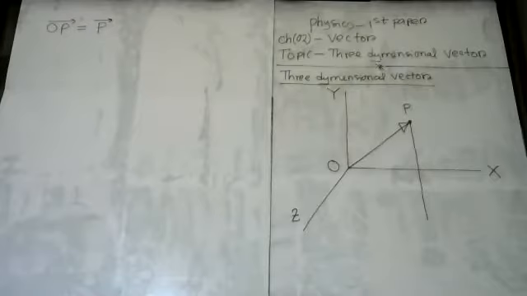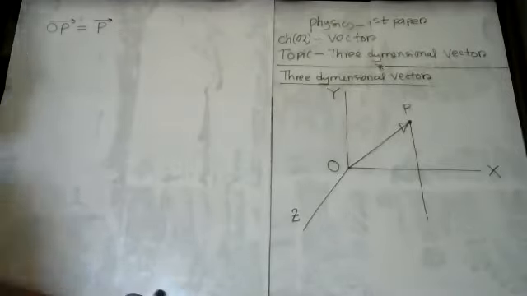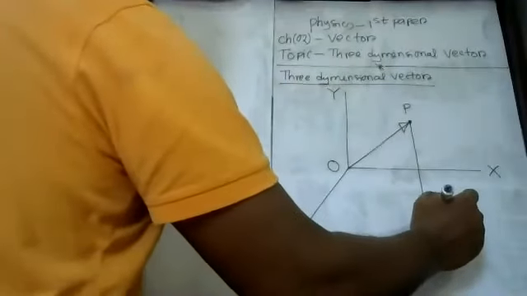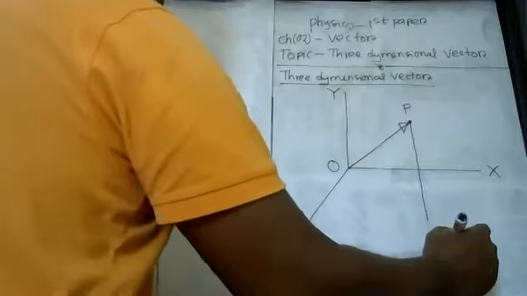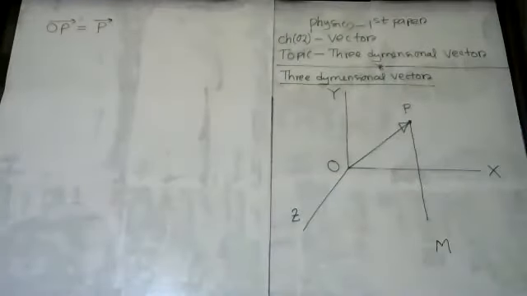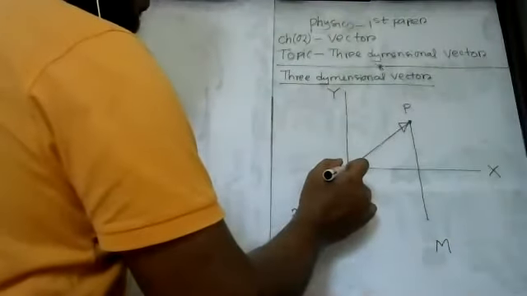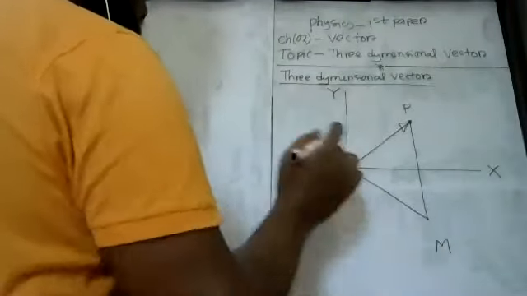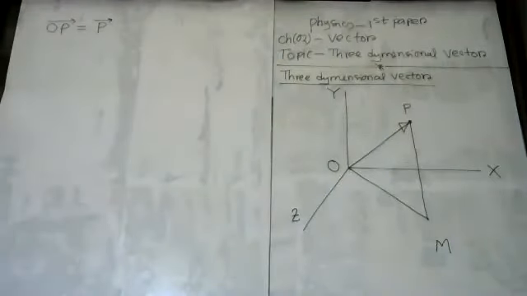Since the floor is nothing but the xz plane, what can we say? We can say that here, suppose this point is point M. This point is point M. And then we'll join O to M. Then draw two vertical lines from point M, at first to the x-axis and then to the z-axis.